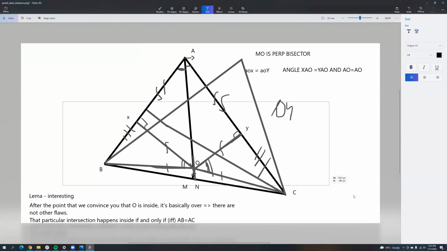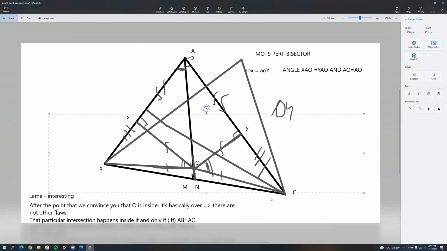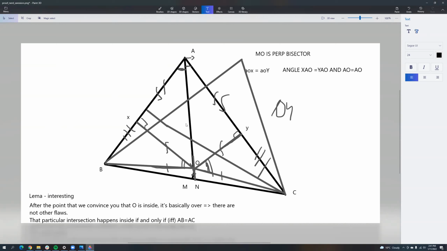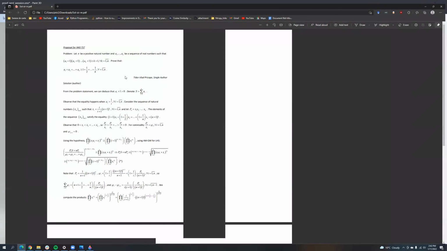I guess that basically concludes the session. This is, to be honest, some basic stuff. But if you are curious, I can show you the strongest problem that I proposed to a competition, which I think is this one.